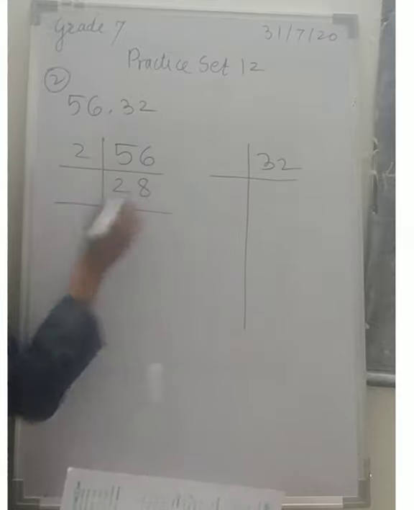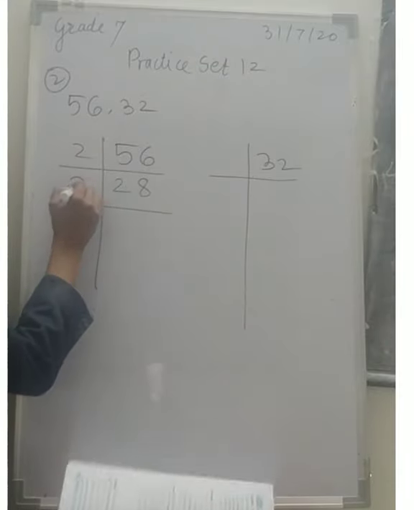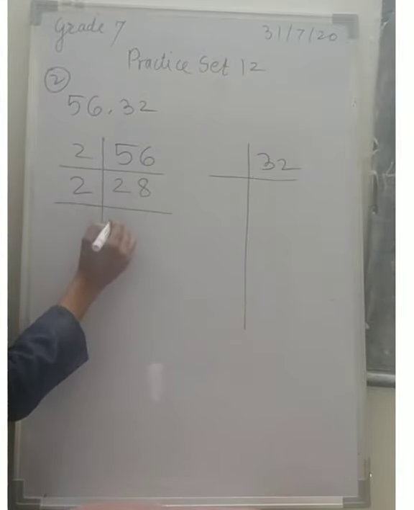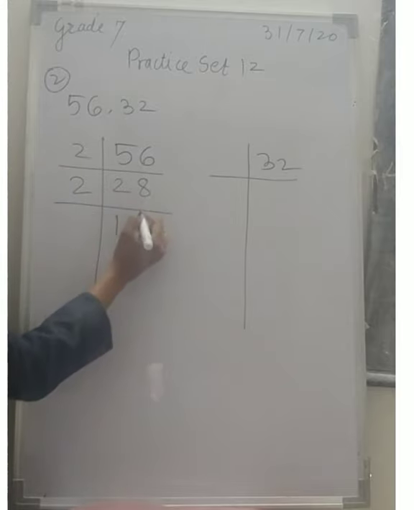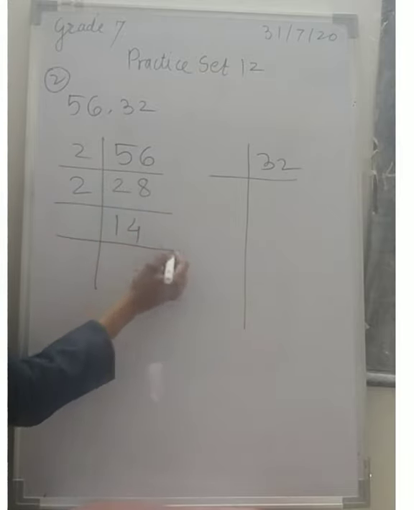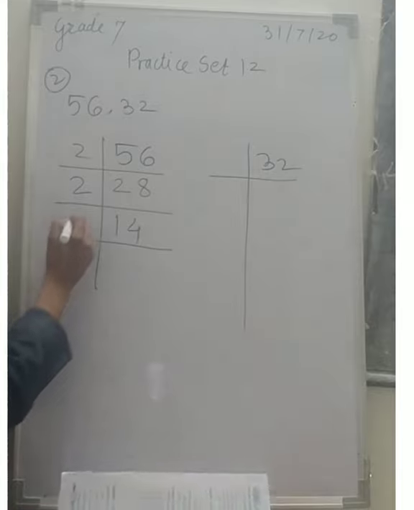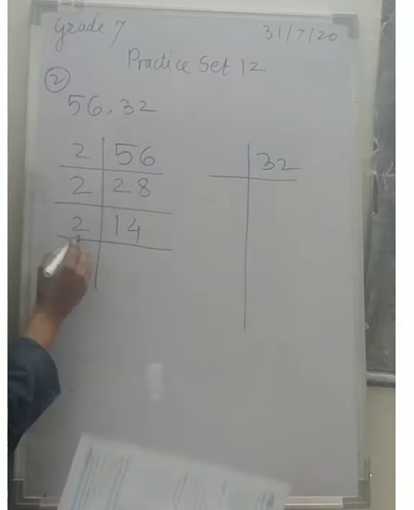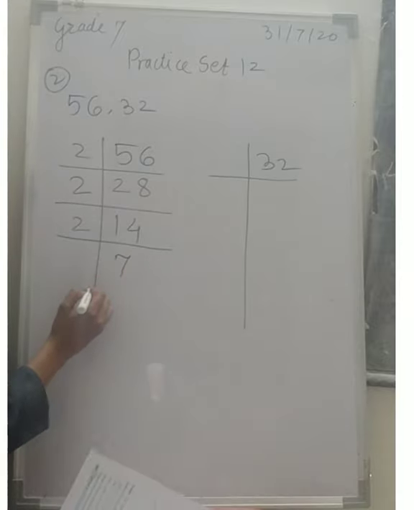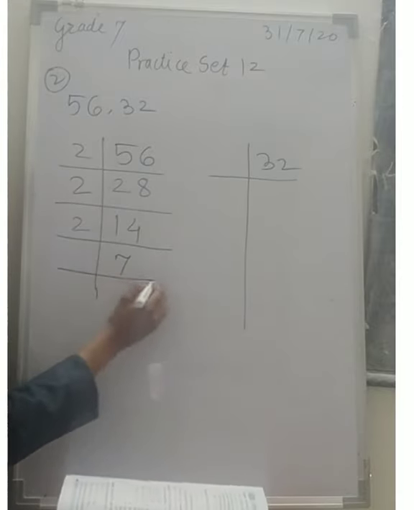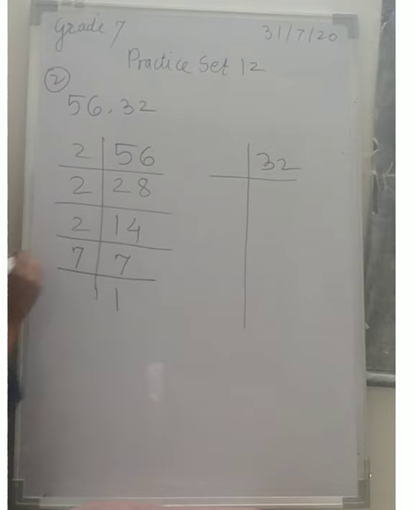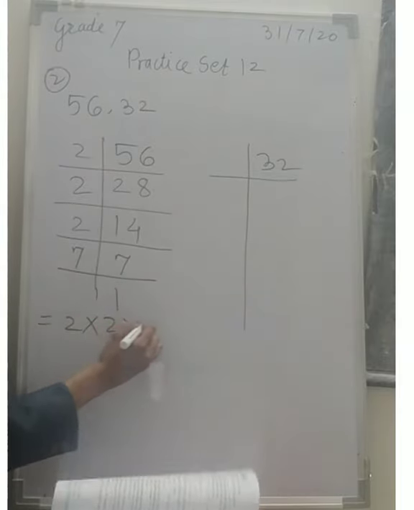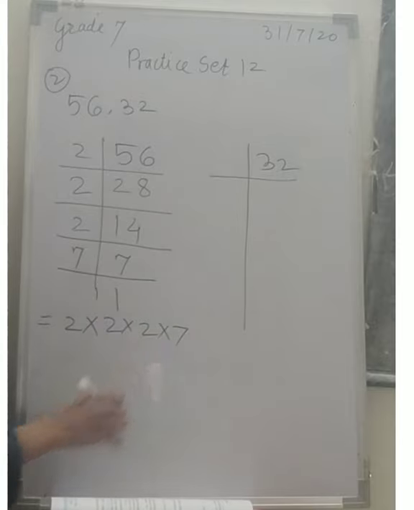Now 28 also can be divided by 2. 2 ones are 2 and 2 fours are 8. For 14 again we are going to divide it by 2. 2 sevens are 14 and 7 ones are 7. So what are the factors? 2 multiplied by 2 multiplied by 2 multiplied by 7.